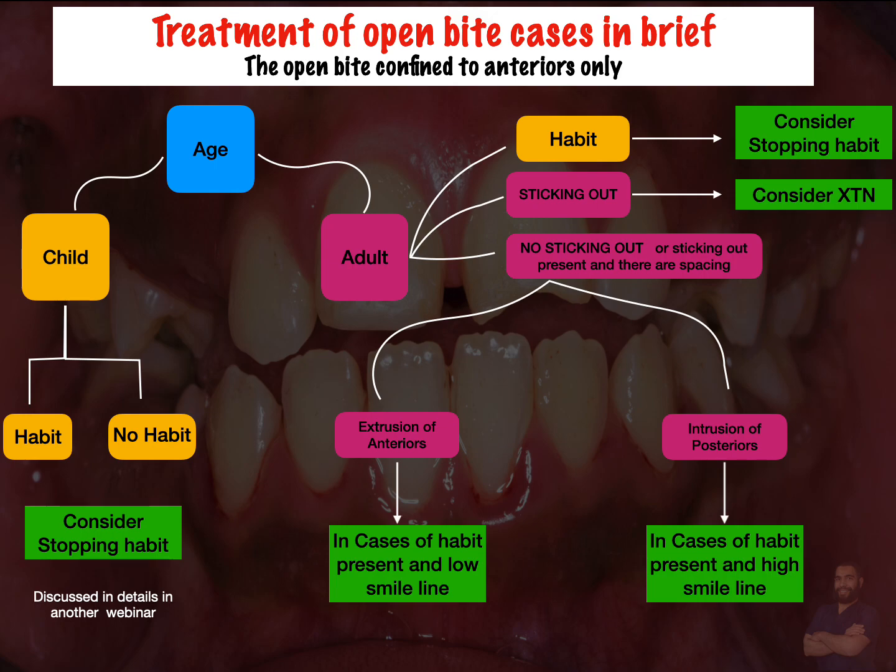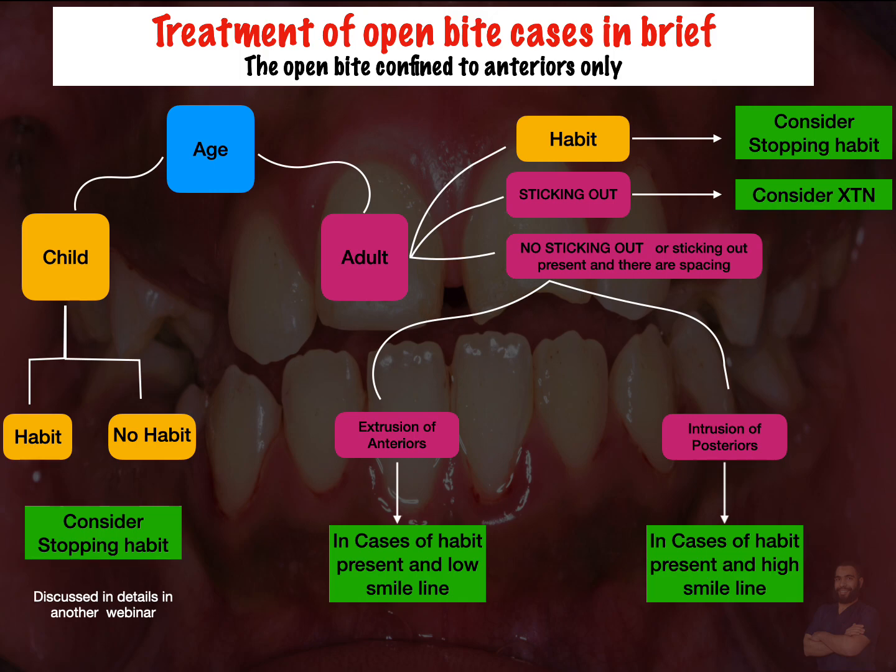First of all is the age of the patient. If the patient is a child, you should assess whether a habit is present or not, and you should consider stopping the habit. We can discuss this section in detail later in another webinar, but today we discuss the adult patient. For this adult patient, you should consider the habit, as I said before. Consider stopping the habit.